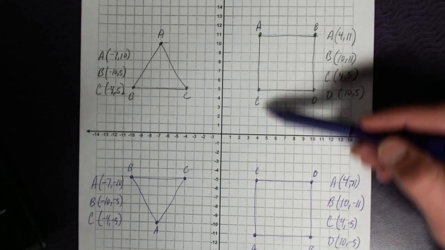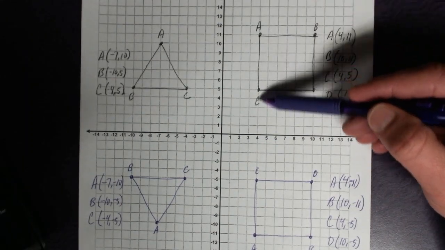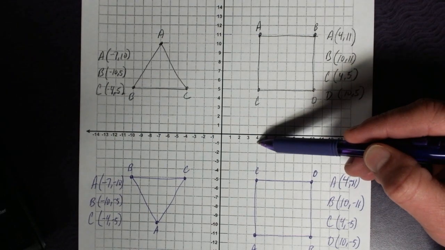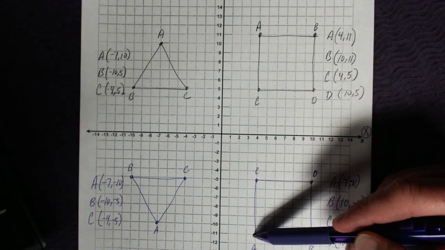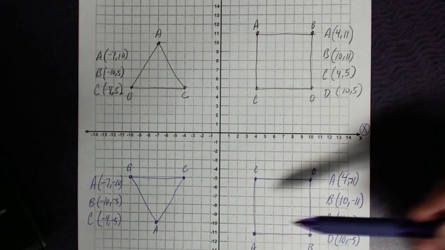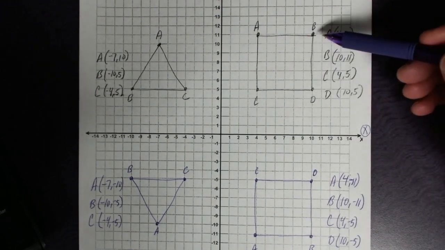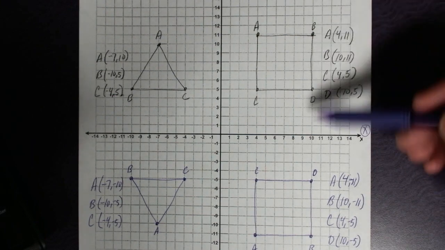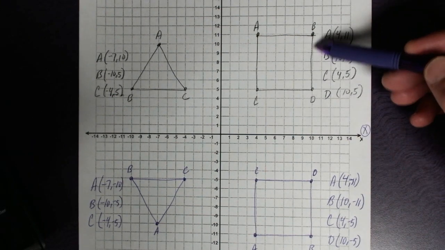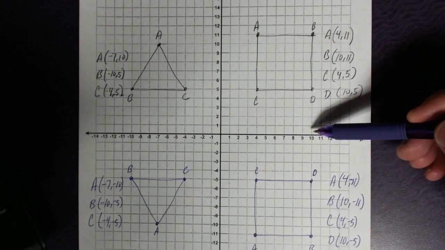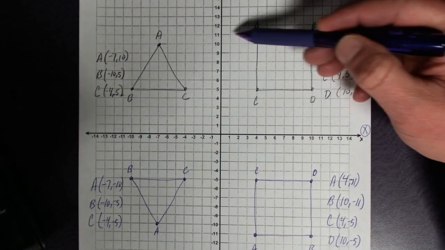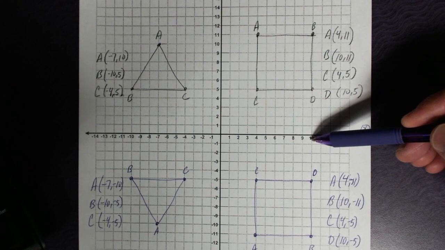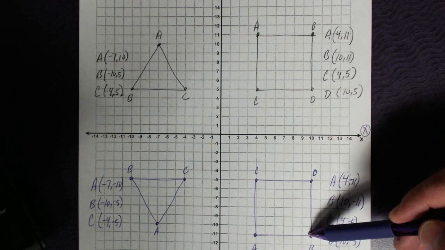This is 11 spaces from the x-axis, so A has to be 11 spaces below. Same thing with B. B is 10 spaces over and 11 up, so I have to count 11 all the way down, but it stays with that 10, so it has to be 11 down here.